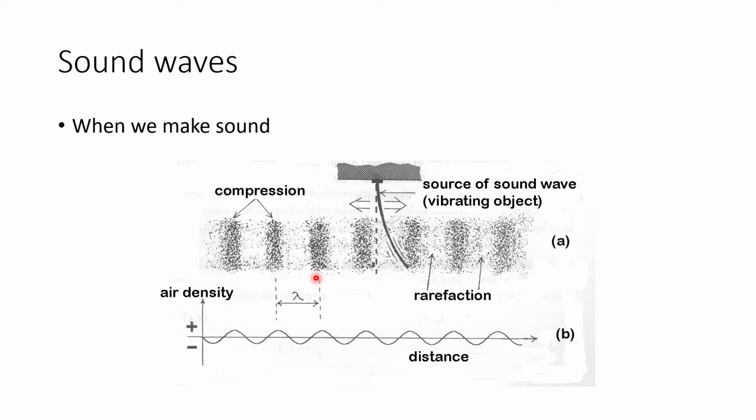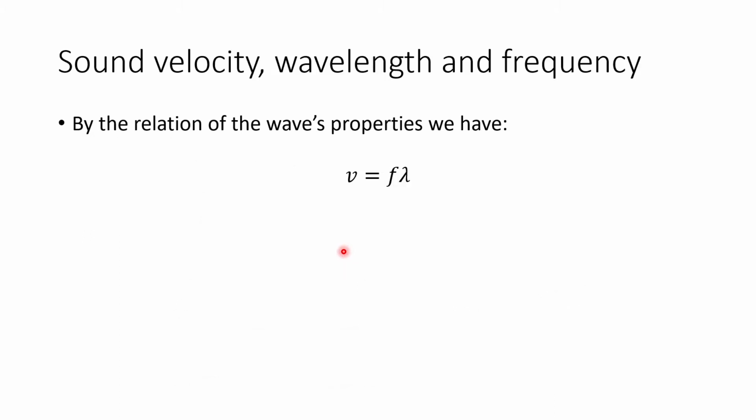Then the frequency at which your source is vibrating, in this case your throat, is the frequency at which the sound is going to cause the oscillation. Here, we can use the relation of the frequency multiplied by lambda to calculate the velocity of the wave.